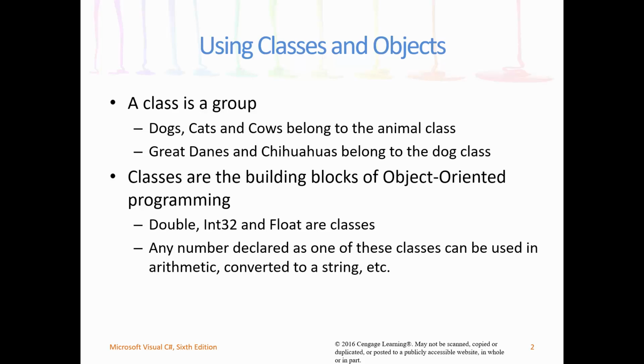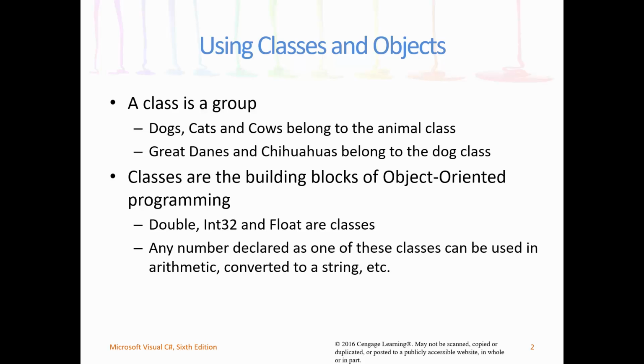Much in the same way as the author shows here, you could have a class that was called animal. And underneath animal, you could have a dog class, a cat class, and a cow class. Under the dog class, you could have beagle, Labrador, Great Dane, golden retriever, etc.